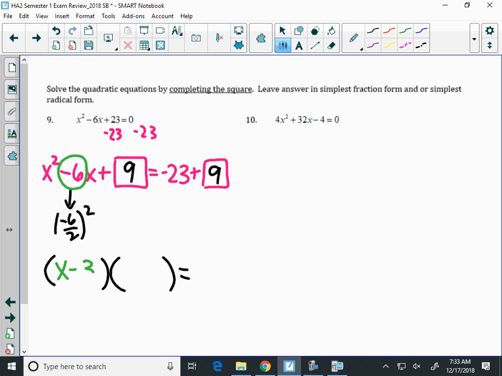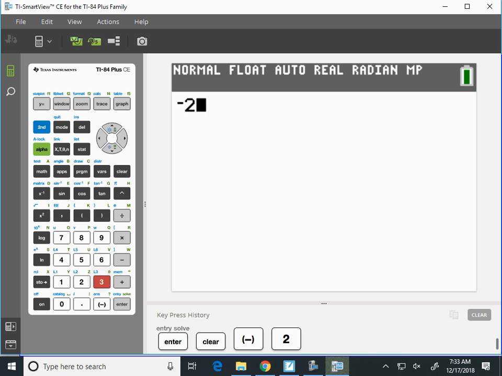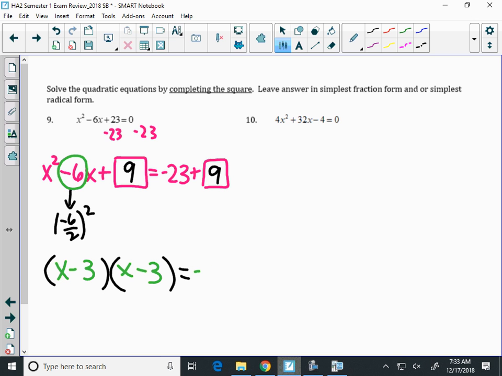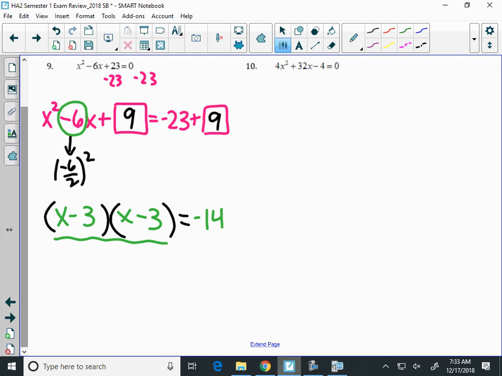So you have x minus 3 times x minus 3. But since those are the same, and I guess we can add here 23 plus 9 is -14 on the right-hand side. Remember, you could skip this step right here, though, and remind yourself that those always condense. Since they are the same factor, we can write them as the quantity squared.